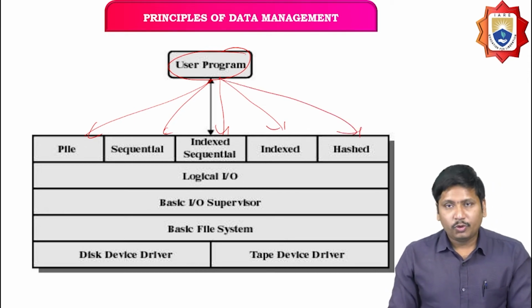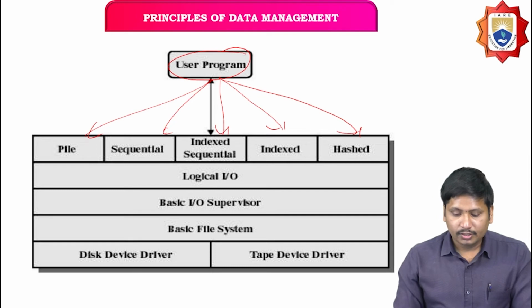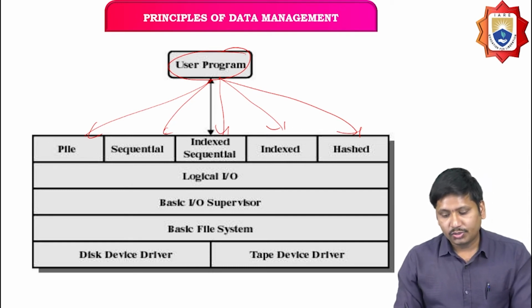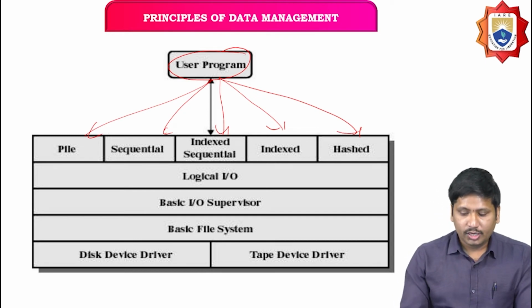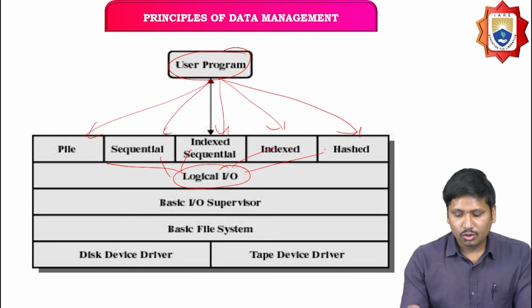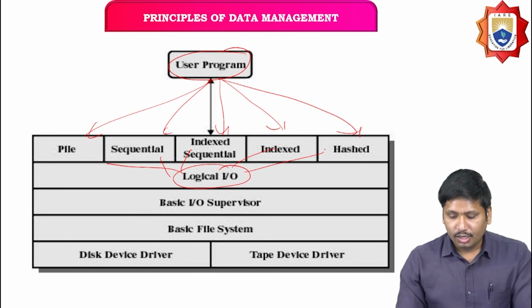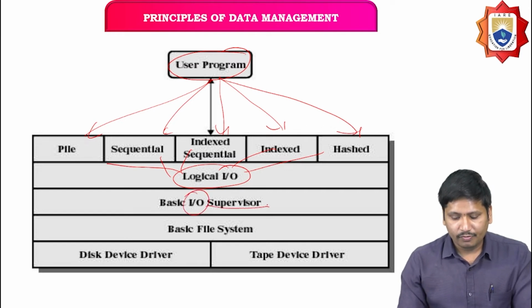Like this, the user program may access the files in sequential fashion, in indexed sequential fashion, and in indexed fashion as well as hash fashion. And next, this database is going to communicate with the logical input and output, which is going to be connected to all the database formats.